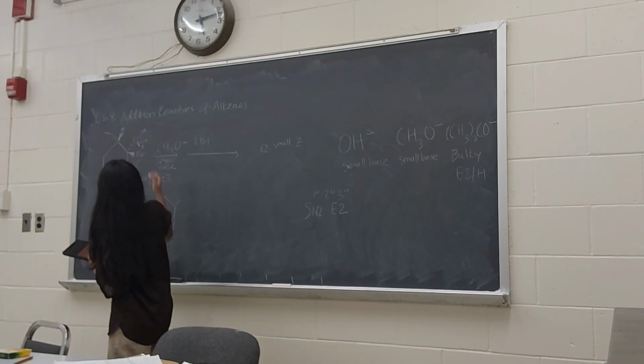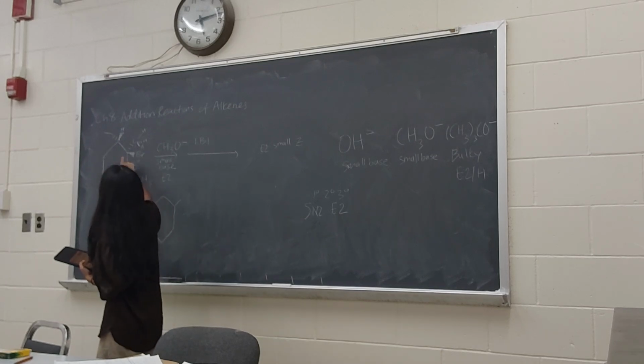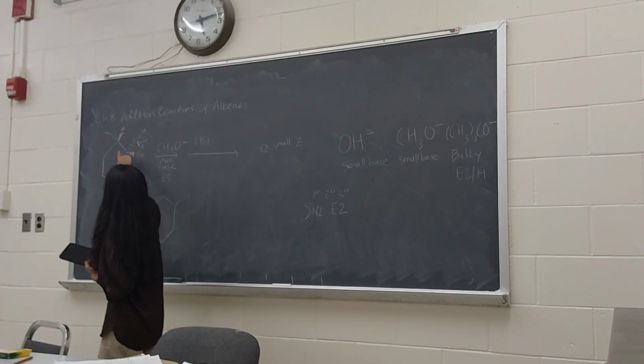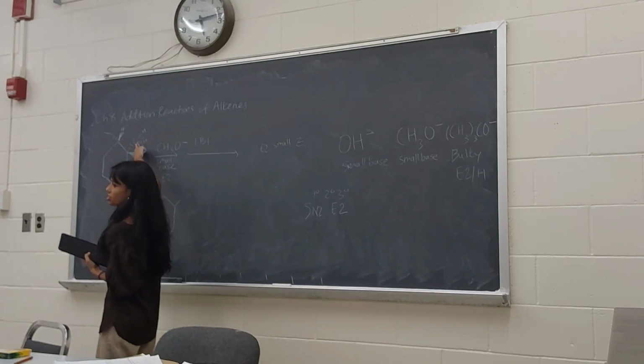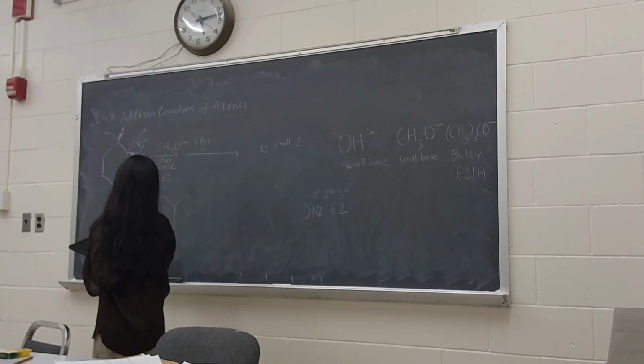How about the bottom CH3? Oh, this one doesn't count because it has to be on the adjacent carbons to the Br, right? So this is an adjacent carbon, this is an adjacent carbon, and this is an adjacent carbon. So this wouldn't count.